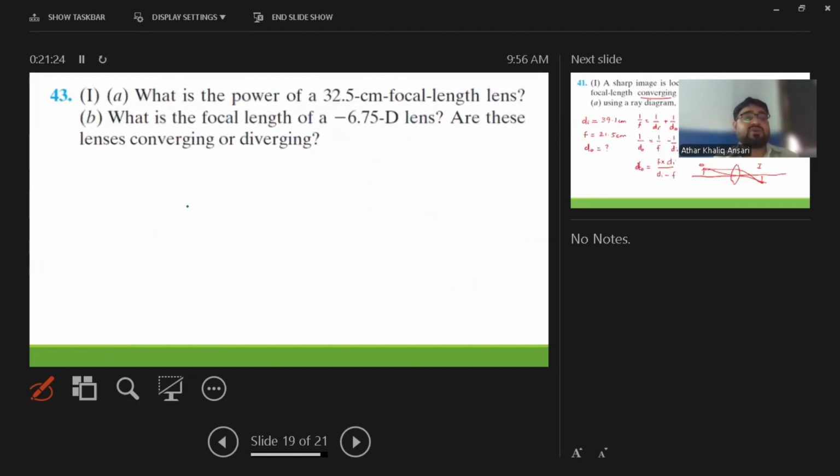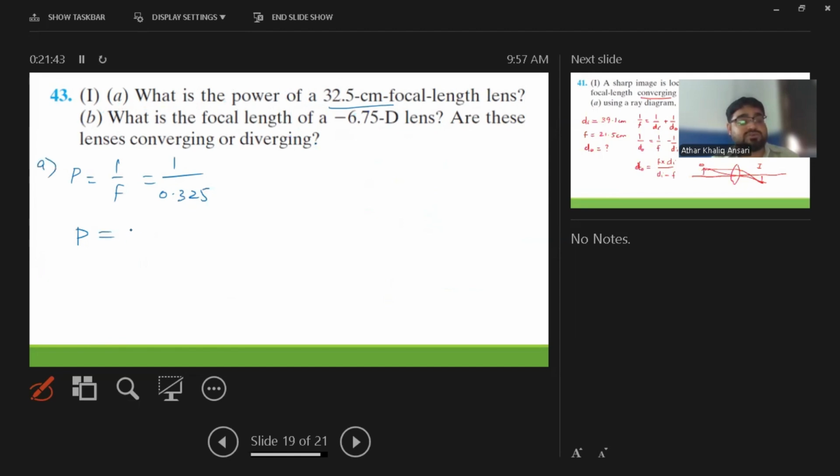The power I didn't find. So what is the power of this focal length? So power, you know that is 1 over f, but f should be in meter here, 32.5 centimeter to meter, so 0.325. So can you find the power? 40 over 13.